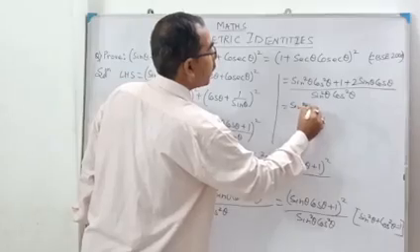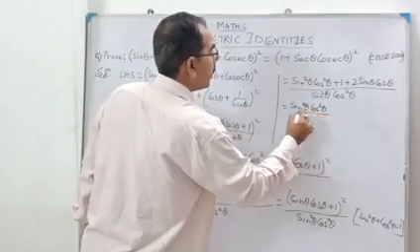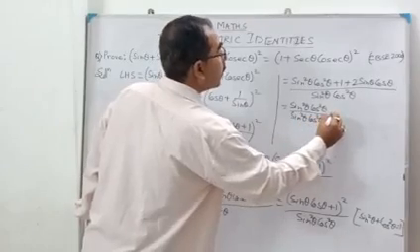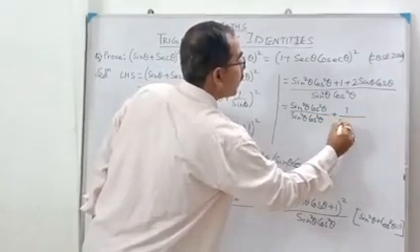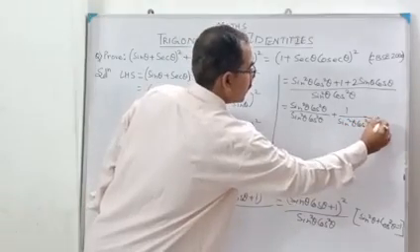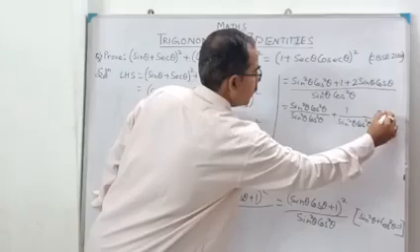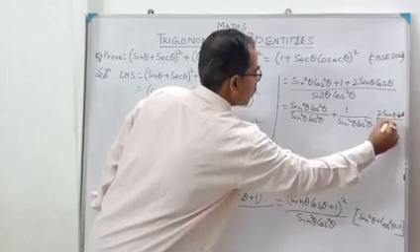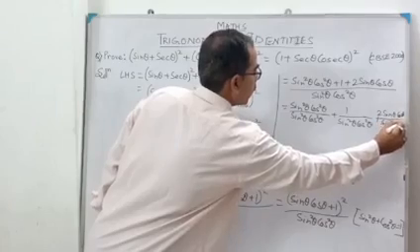Sin square theta cos square theta by sin square theta cos square theta plus 1 by sin square theta cos square theta plus 2 sin theta cos theta whole divided by sin square theta cos square theta. Correct?